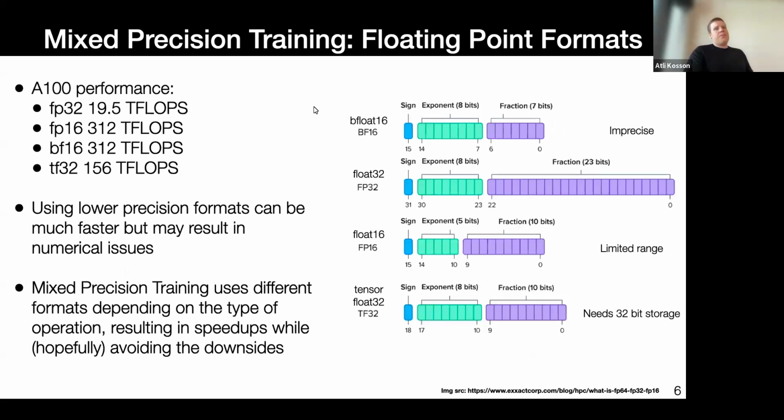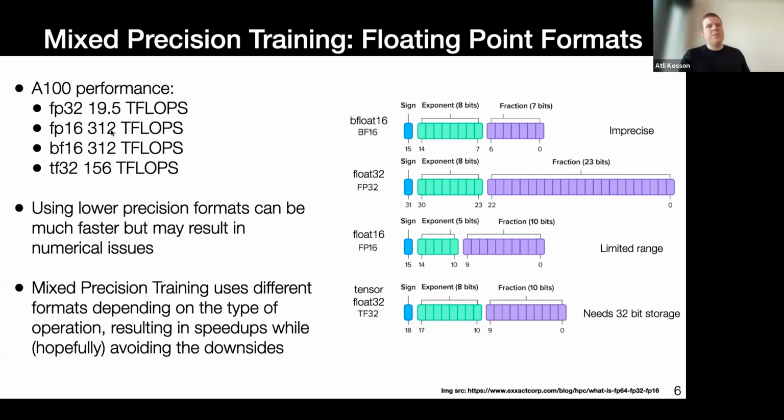In practice, we can see this with the A100 performance. If you're operating in what we call float 32, which is your standard floating point format for computing, and is represented in hardware like this: you have 1 bit for the sign, you have 8 bits for the exponent, and then this fraction or mantissa, which are like significant digits in binary.